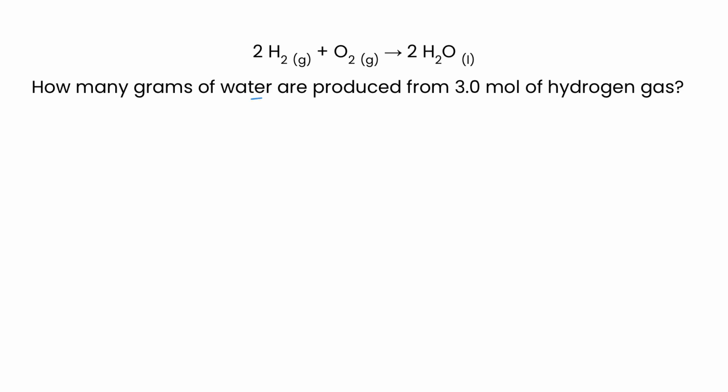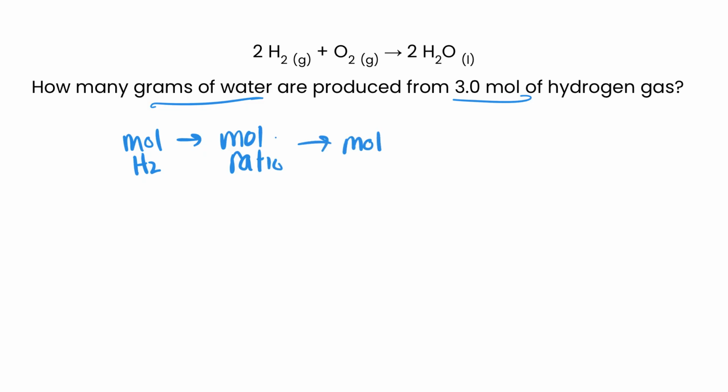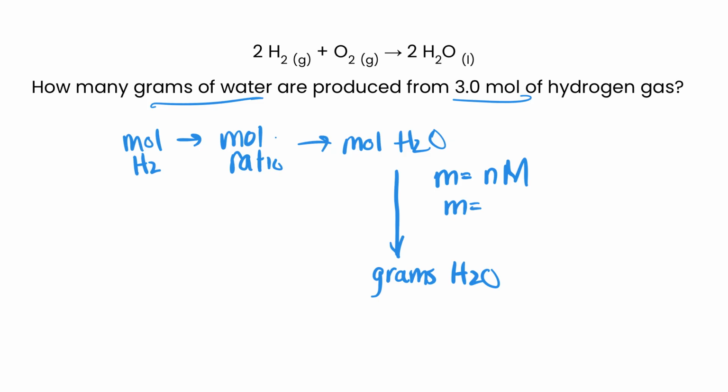So for example here, when we're converting and we've done our problem and we're going from moles of the hydrogen gas and then we're using our mole ratio to find our moles of water. This step here is where I often see this misconception. So what students will often do is they'll go mass is moles times molar mass, and then they'll put in the number of moles, and then they'll put in this case, 2 times 18.02.